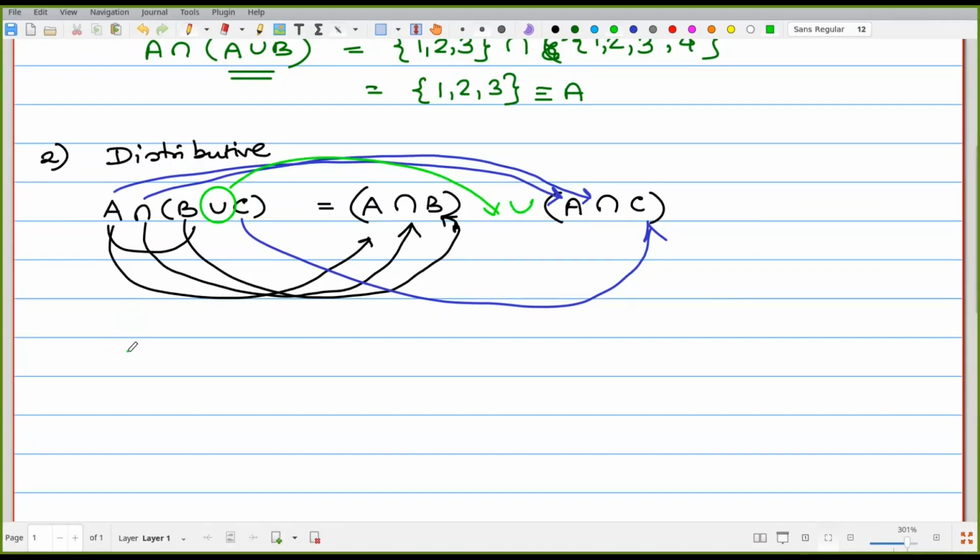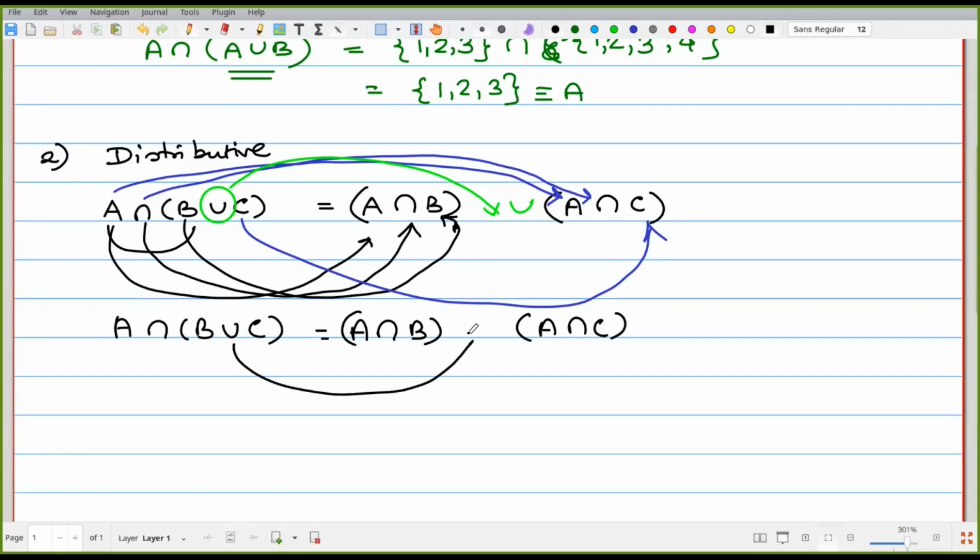So once again, I am writing A intersection (B union C) distribution. That means (A intersection B), (A intersection C), and in between the union is here. That is the first distribution.